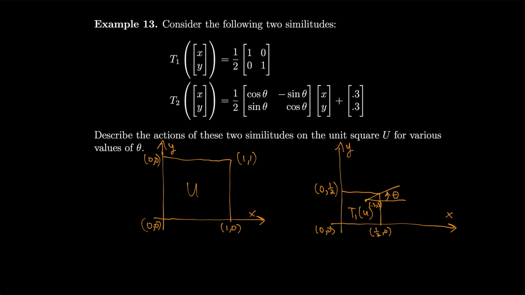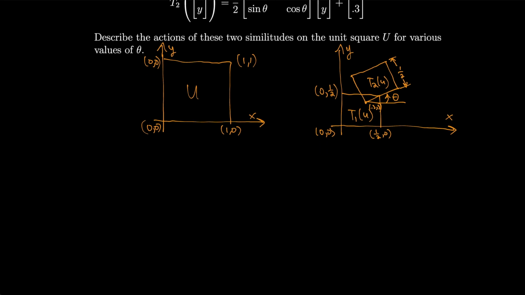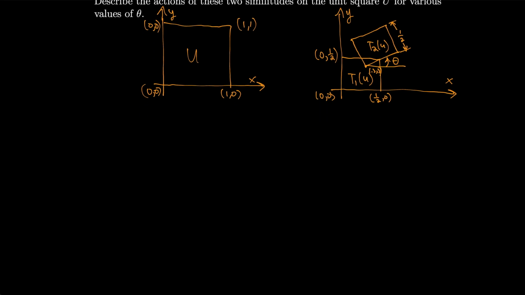So I'll end up with something like this. And this should be a half. Okay, so this is T2 of u. All right, so I need to basically apply both of those different similitudes. Okay, the general idea for different values of theta.